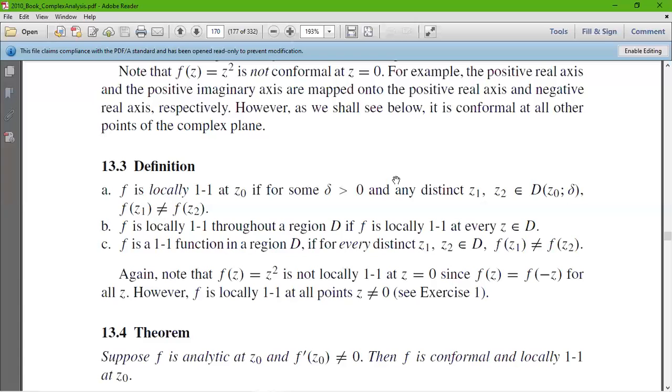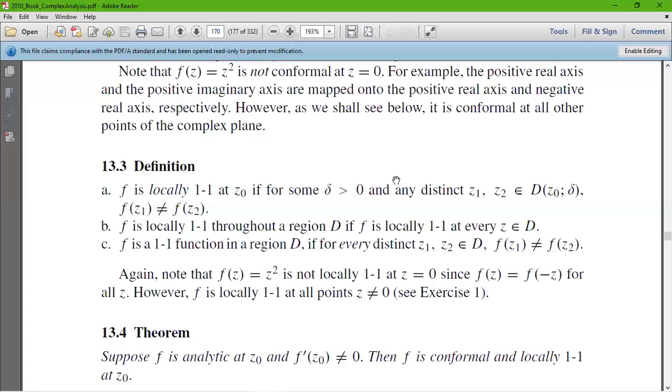Now we extend this definition to a region. f is said to be locally one-to-one throughout a region D if f is locally one-to-one at every z belonging to D. Similarly, f is a one-to-one function in a region D if for every distinct z1 and z2 belonging to D, f of z1 is not equal to f of z2.